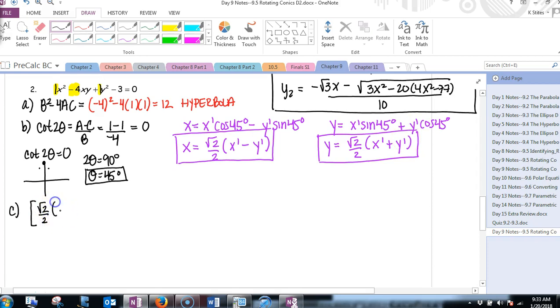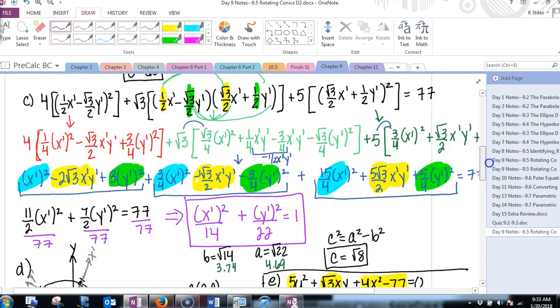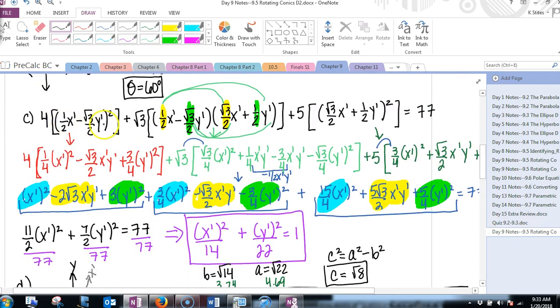Root 2 over 2. Okay, so that whole thing is being squared. Notice this is different from the first one because here the root 2 over 2 is on the outside because we pulled that out, and here it's on the inside.